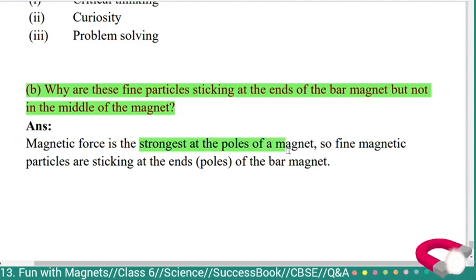So, fine magnetic particles are sticking at the ends, that is, the poles of the bar magnet.